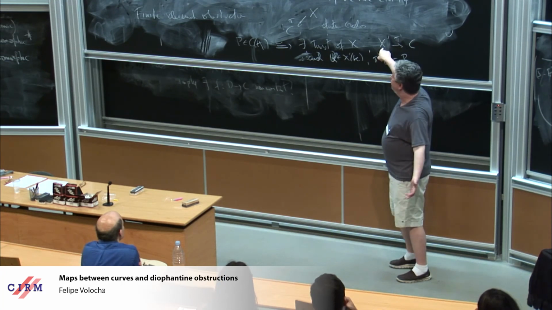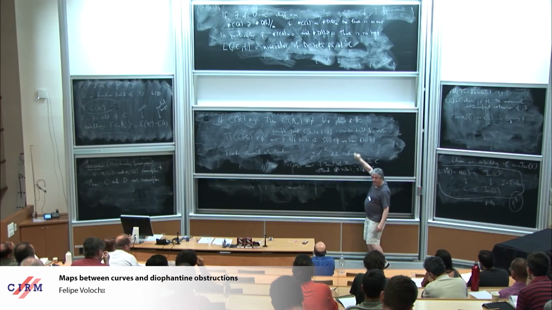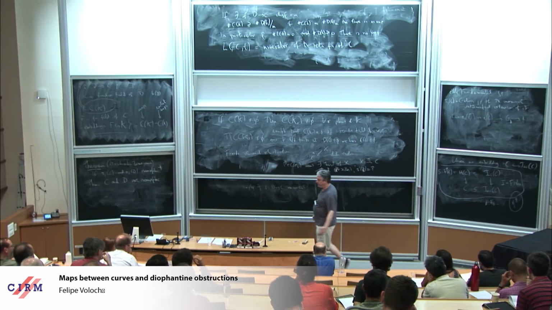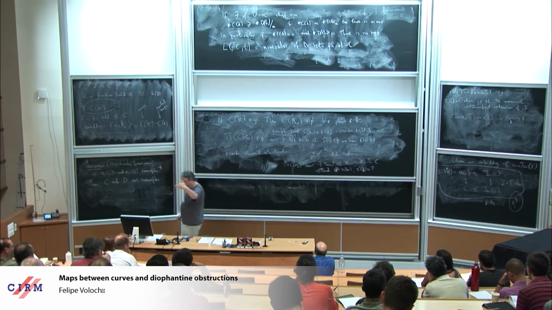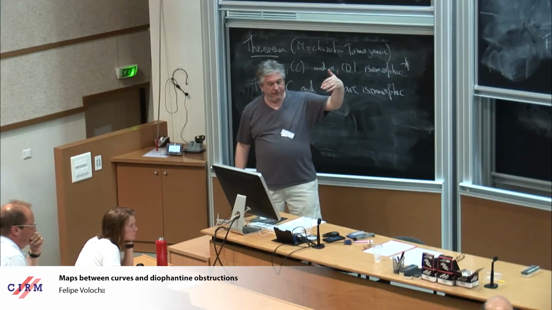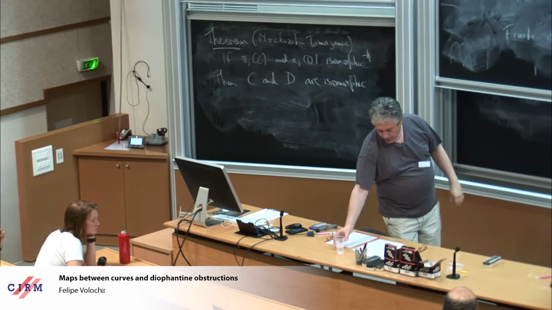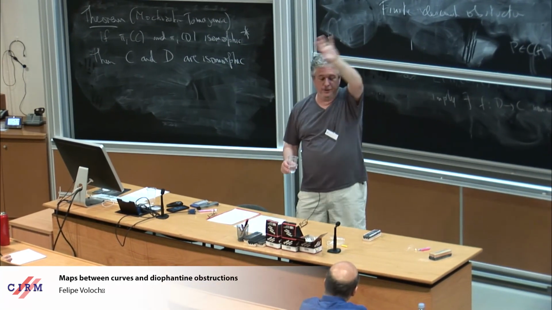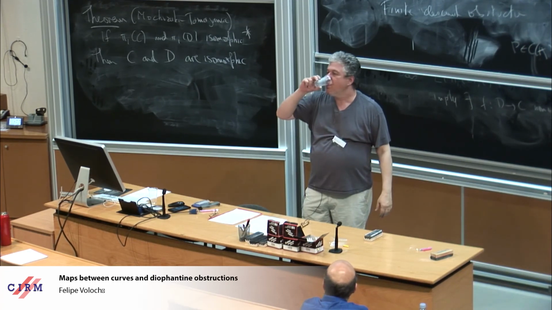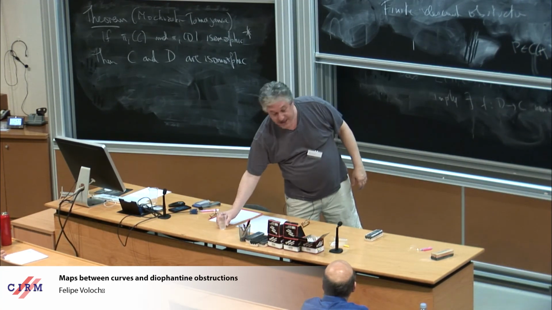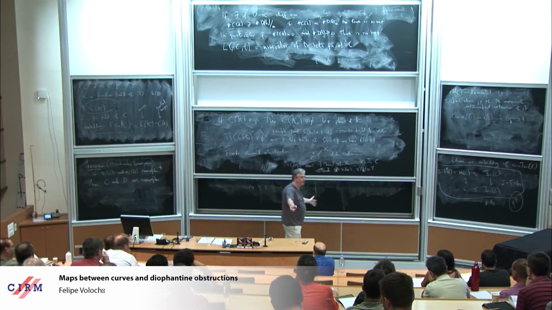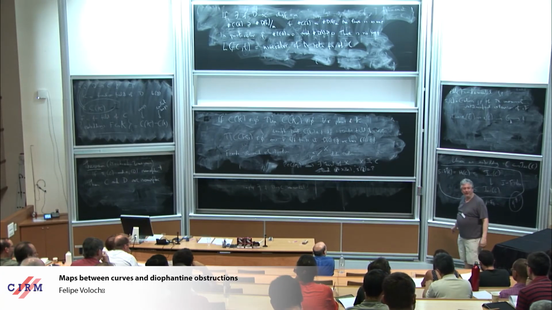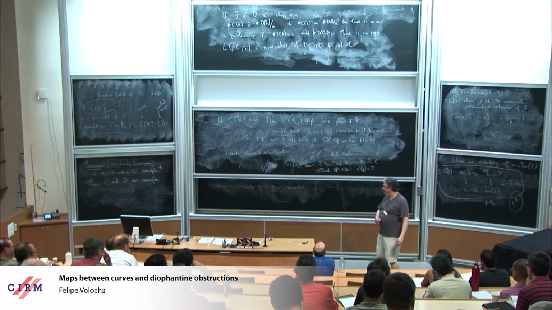Maybe they don't have local points. So that's an obstruction to the existence of rational points: to consider twists of covers, and try to find some cover for which none of the twists have points. That seems like a complicated thing to do, but in fact it's very practical. Like Niels will be able to tell you how practical that is.